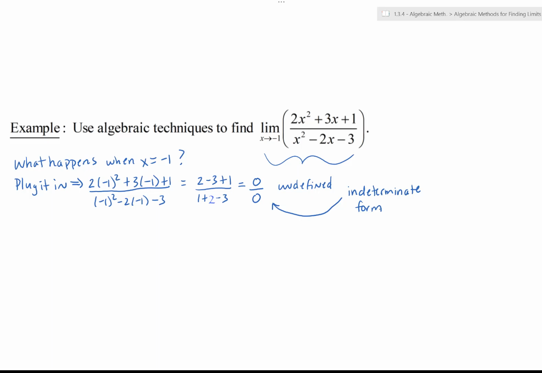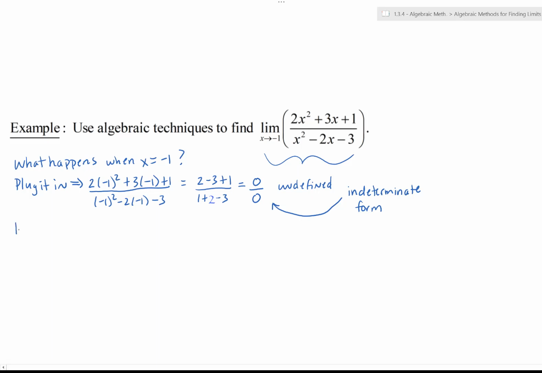In this case, we have a rational function, and so perhaps there may be a common factor in the numerator and denominator which could, quote unquote, be removed. So when we see ratios of polynomials, or rational functions, and we get one of these indeterminate forms, it's worthwhile to attempt to factor the numerator and denominator and see if there is a removable factor. So let's try that.